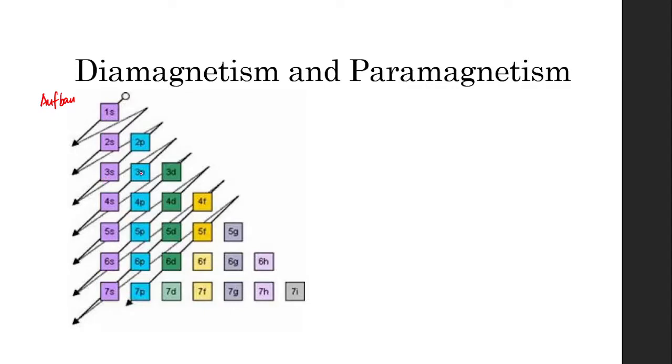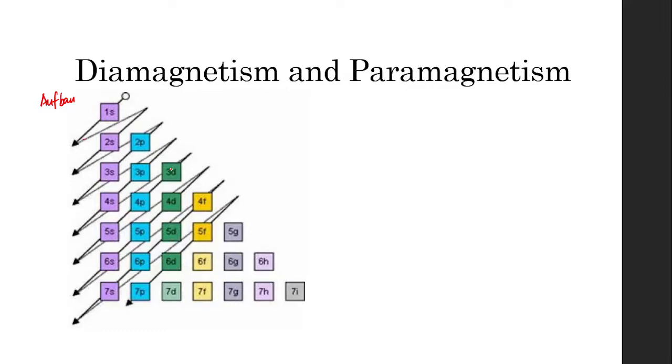And then what is interesting at this point, what you would think is you would have to fill 3d first, but that is not what's going to happen. After 3p, the thing that you have to fill first is actually 4s before filling 3d. Okay, so this is the direction.